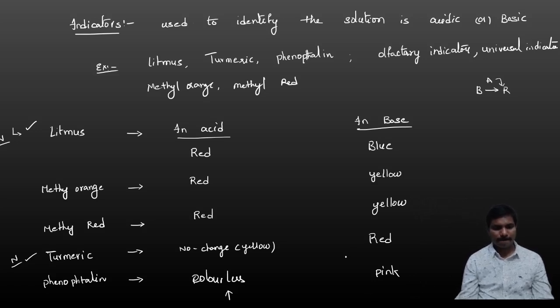Okay. So in acidic, litmus is red, methyl orange red, methyl red also red, turmeric no change, phenolphthalein colorless. But in case of base, they behave as blue, yellow, red, pink. Okay. Completed. Very important.